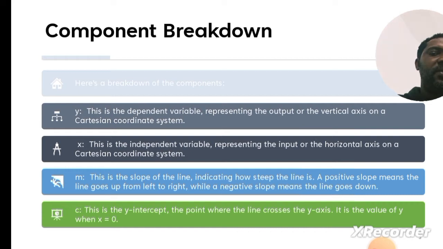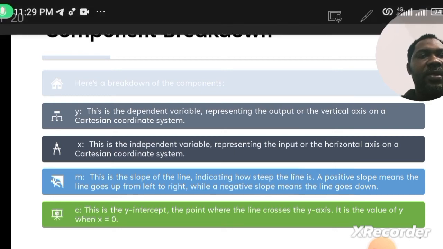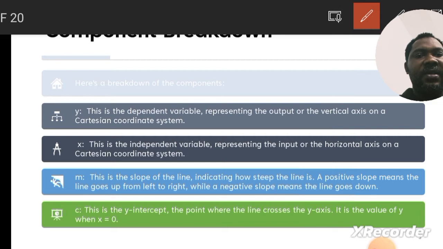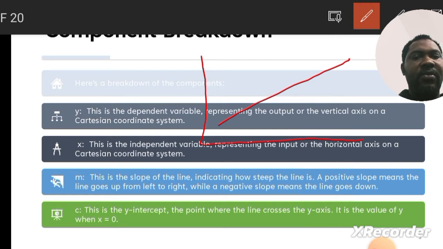Then m is the slope of the line, which indicates how steep the line is. A positive slope means the line goes up from left to right, while a negative slope means the line goes down. When you have your straight line this way, this is a positive slope. It rises from left to right. But when you have a graph going down from left to right, this is a negative slope.